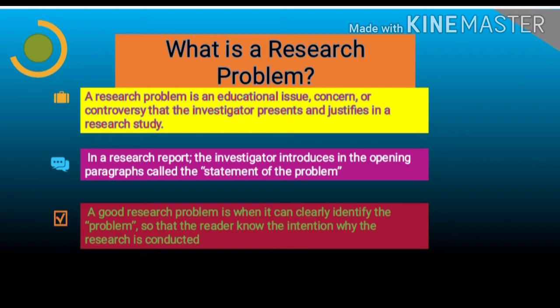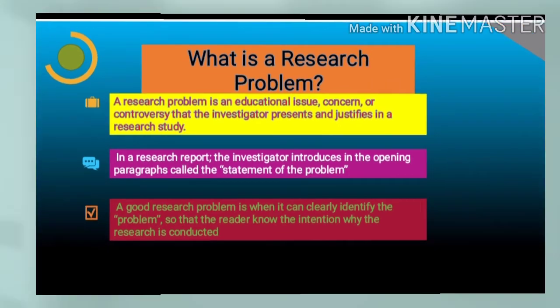A research problem or statement of the problem is usually introduced in the opening of the paragraph. If you want to identify the problem, you can find it in the opening of the paragraph. And a good research problem is one that clearly identifies the problem.